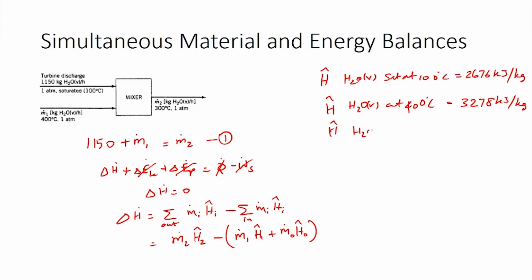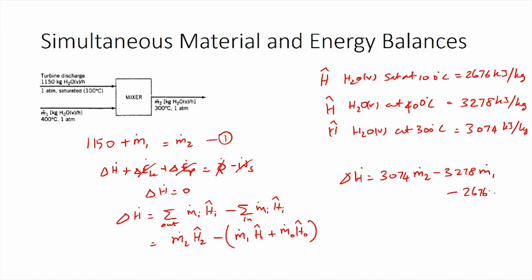The specific enthalpy of water vapor which is superheated at 300 degrees Celsius is 3074 kilojoules per kilogram. So, substituting these values here, we get delta H dot equals 3074 times M2 dot minus 3278 M1 dot minus 2676 times 1150.